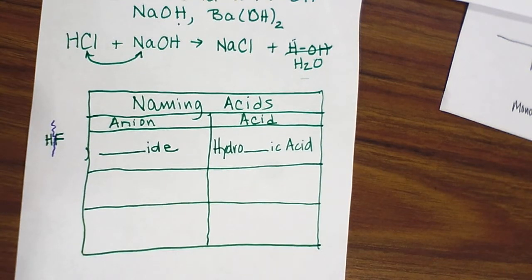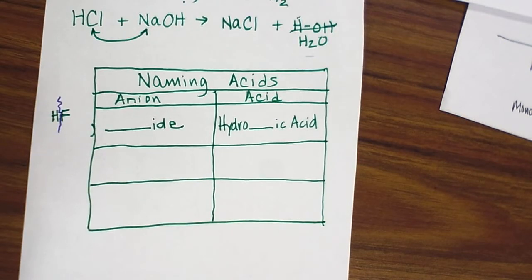So if your anion ends in IDE, then it's called hydro-ic acid. So this would be called hydrofluoric acid, because the anion ends in IDE.